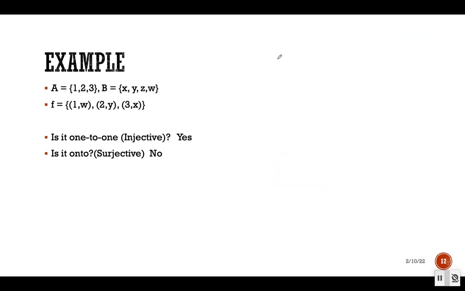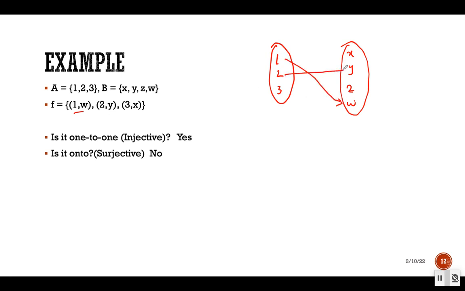Now let's draw another one. We have 1, 2 and 3, and we have x, y, z and w. The mapping is from 1 to w, 2 to y, 3 to x. Is this injective?